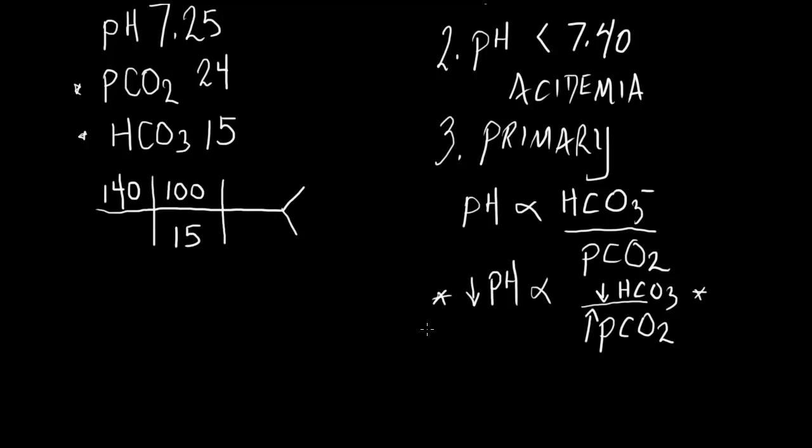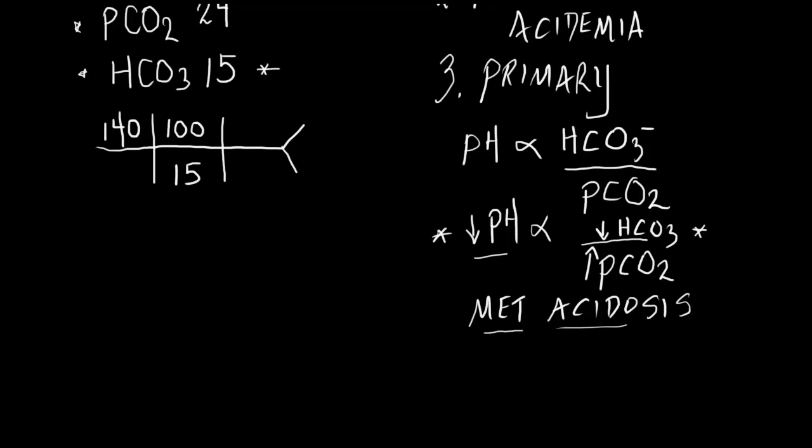So our primary acid-base problem in this case is a metabolic acidosis. Why? We know we have an acidosis because of the low pH, and we know we have a low bicarb. So a low bicarb of 15 in the setting of a low pH of 7.25 indicates that we have a metabolic acidosis. That's our primary acid-base disturbance.